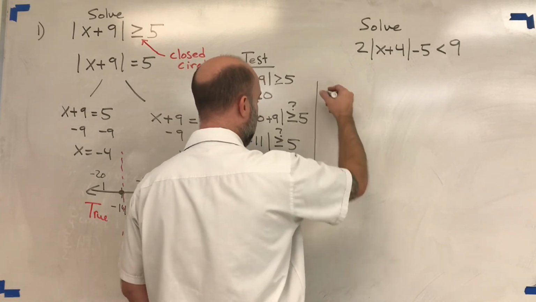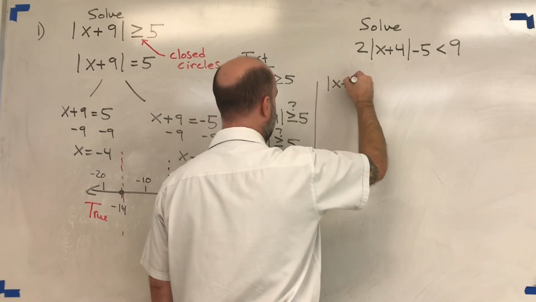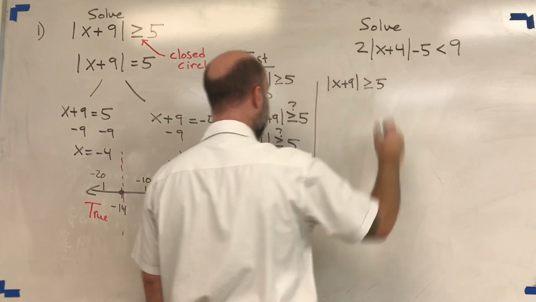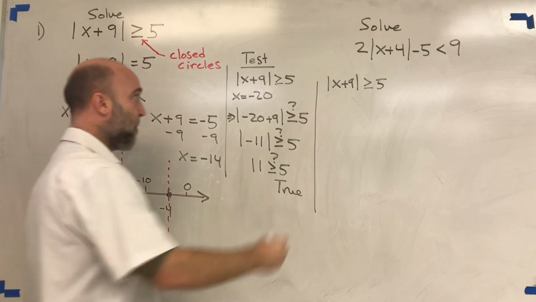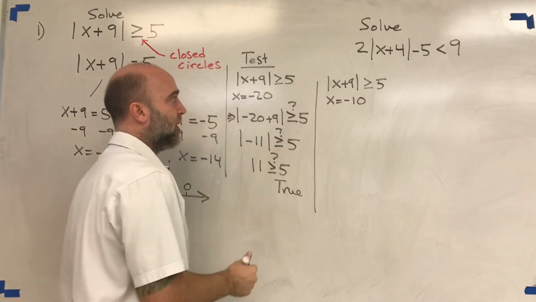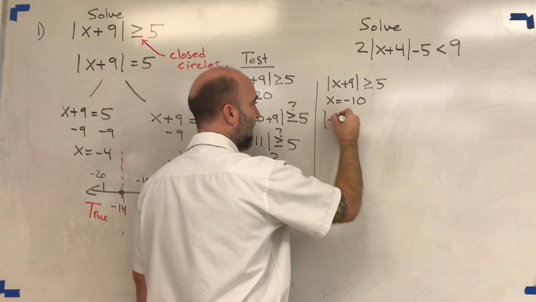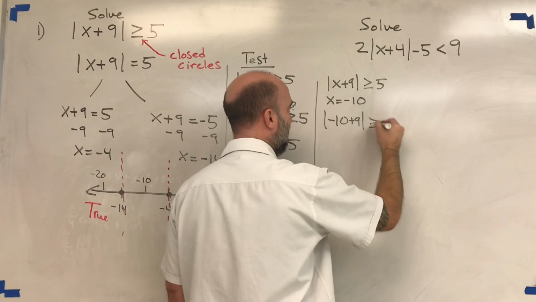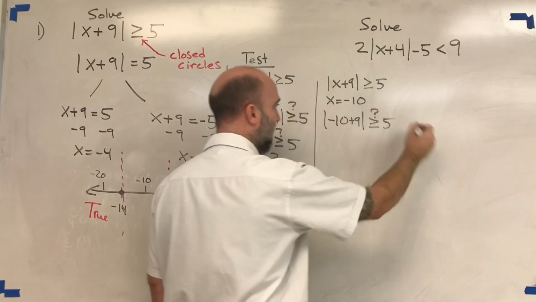Next point I'm going to test for the absolute value of x plus 9 greater than or equal to 5 is negative 10. Plug that value in to the function. Absolute value of negative 10 plus 9. Is that greater than or equal to 5?